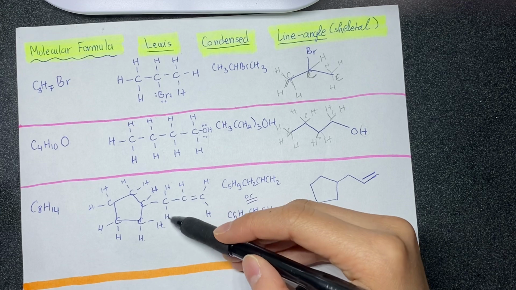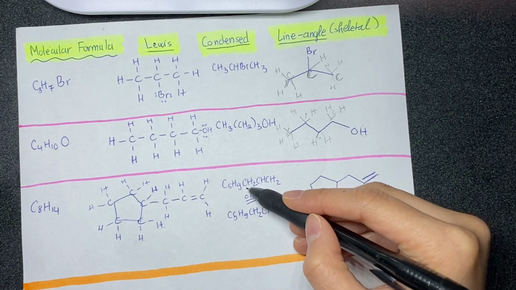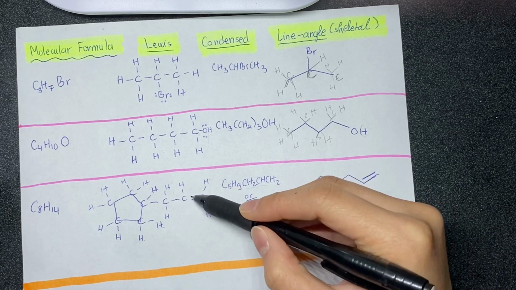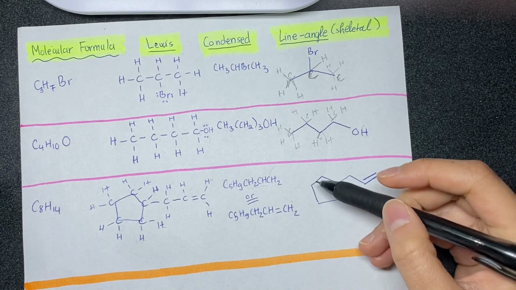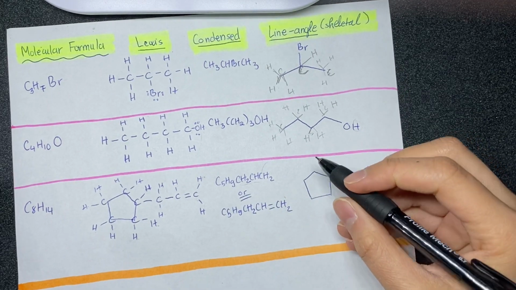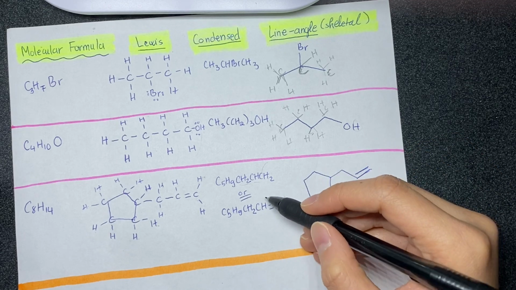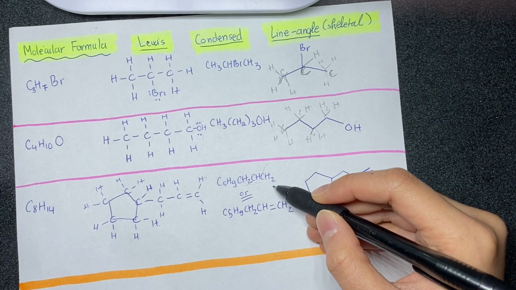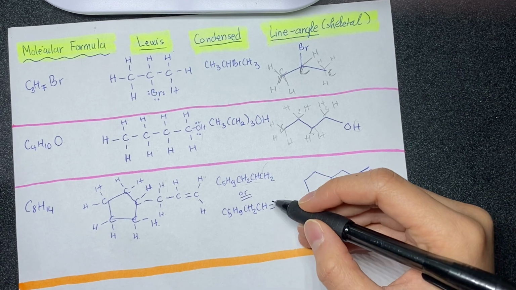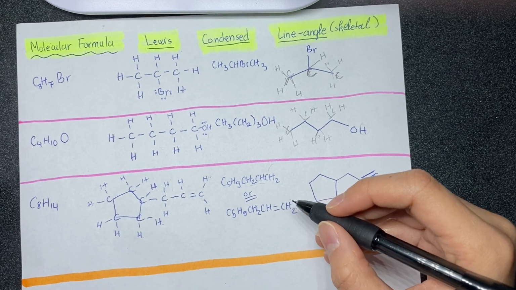Here you have one CH2 here, and then another CH, and then another CH2 right here. So again, you can write CH2 like this, or you can put your double bond in so it's easier to see.